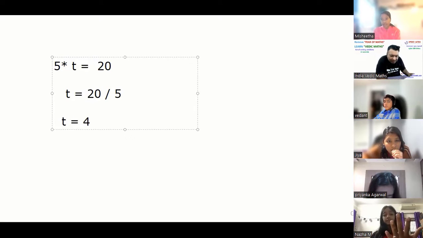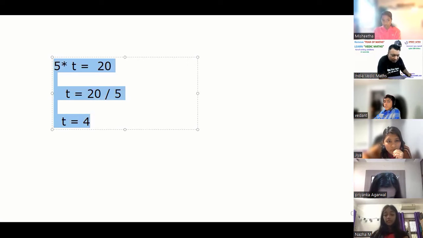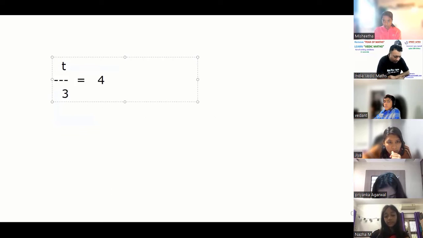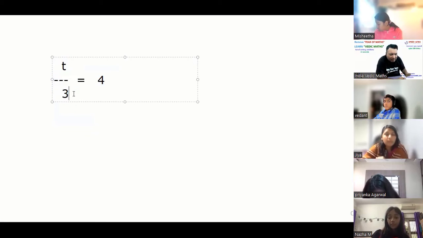And the last example, Jia, Kanak, Priyanka. If I say t divided by 3 equals 4, this left side is perfect, this right side is perfect. The problem is this 3 is in division, right?